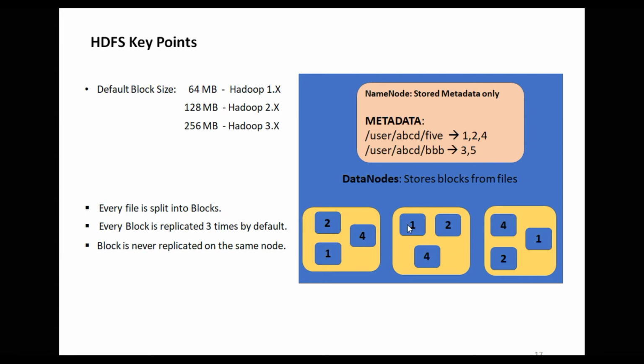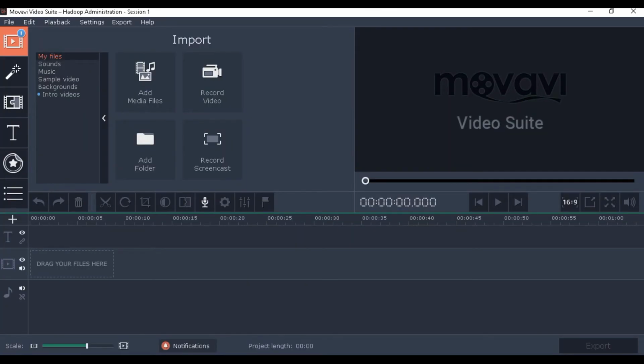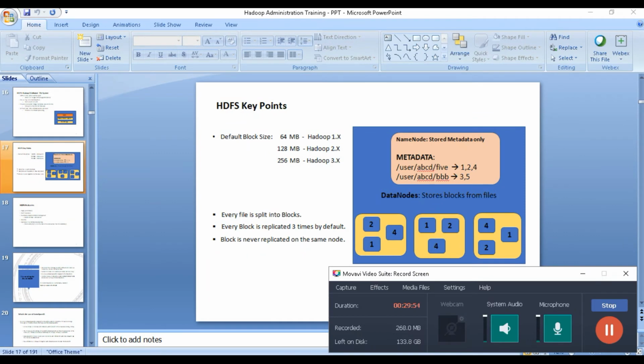All these blocks and file metadata will be stored on the name node. This is called metadata: the location of the blocks, block name, replication types, file owner, file permission, everything we call metadata. Okay, so let me go back.